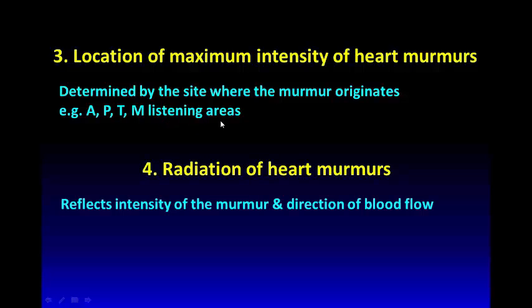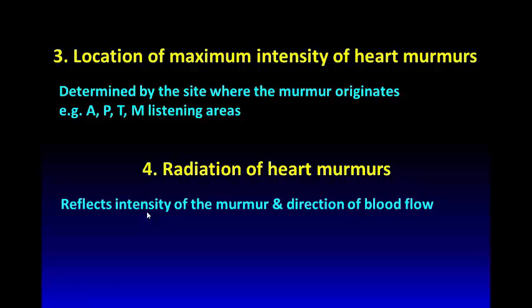The murmur might radiate, and radiation of the heart murmurs reflects the intensity of the murmur and the direction of blood flow. Of course, murmurs with high intensity are more likely to radiate, are more likely to be heard. Radiation means that they can be heard at other areas in the body.